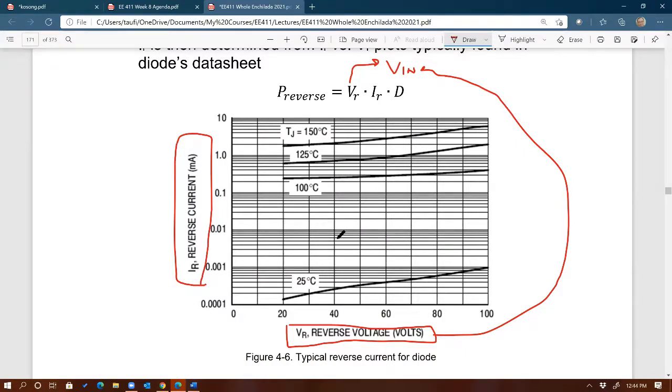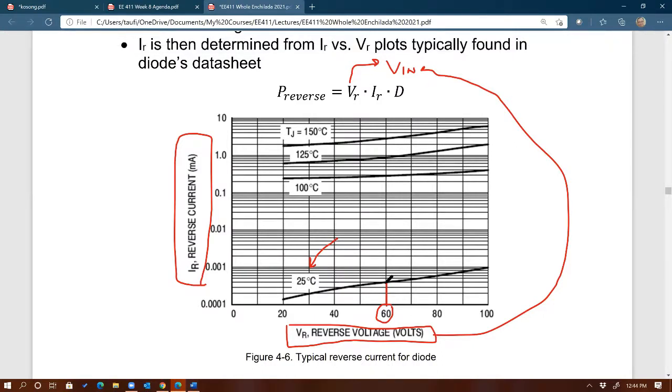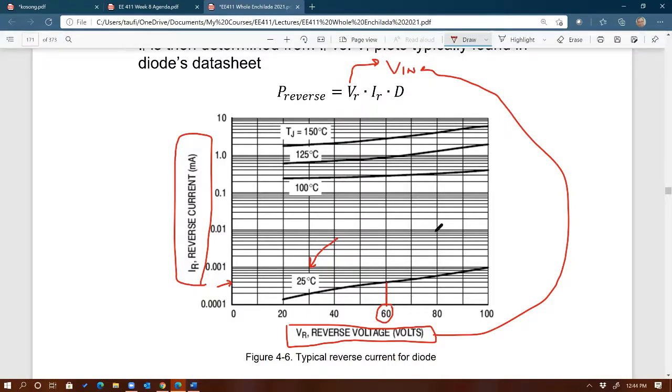Let's say it's 25 degrees Celsius and V in for a buck is 60. So that 60 is right here. And then you find the corresponding reverse current for 60 volt reverse voltage, which happens to be about, right here, it's tiny. 0.000234, 0.0004, it looks like for 60 volts.